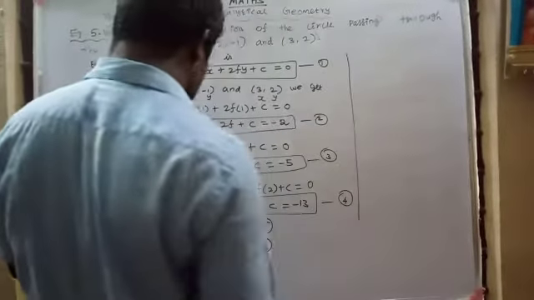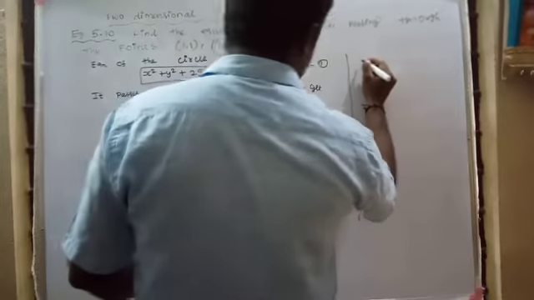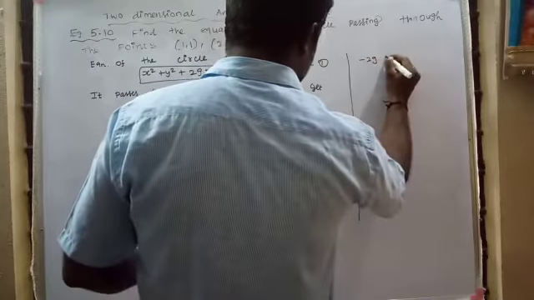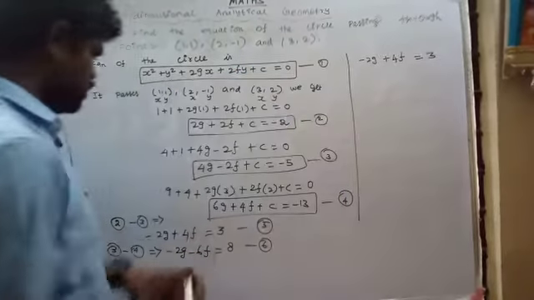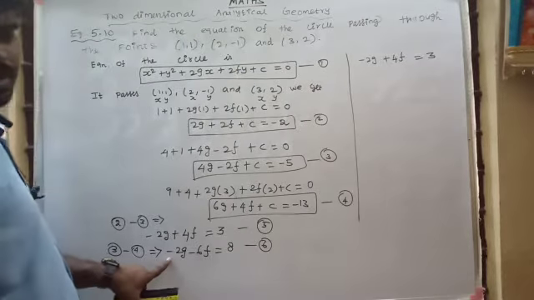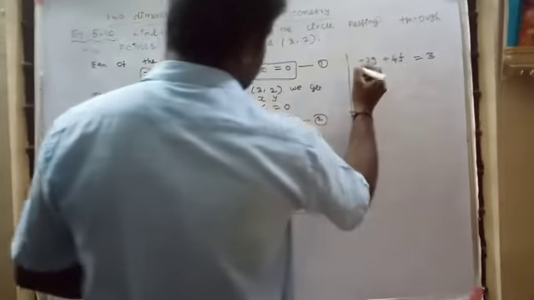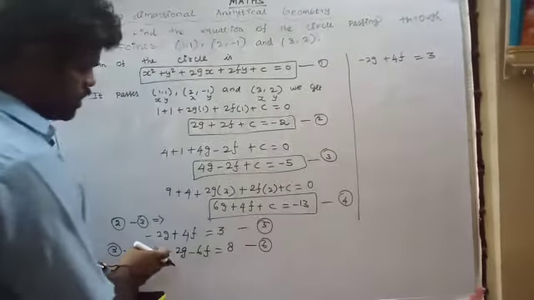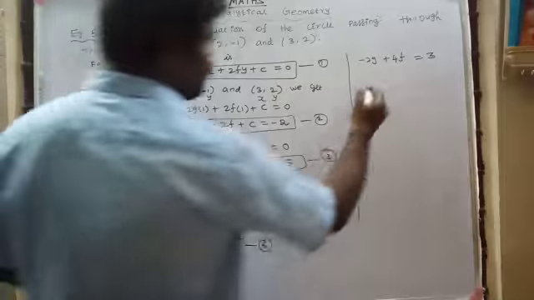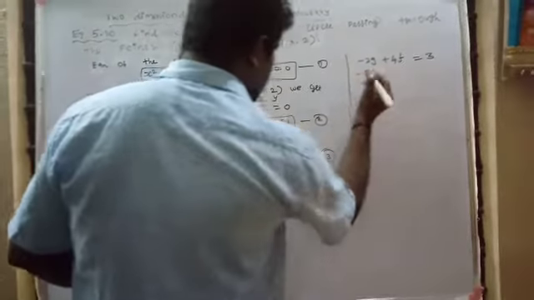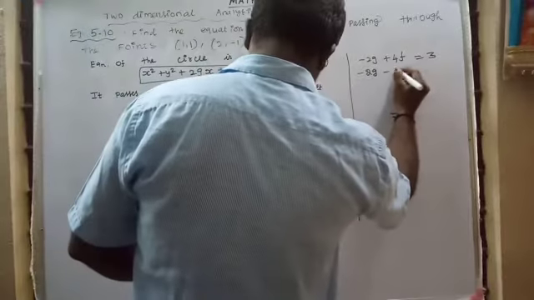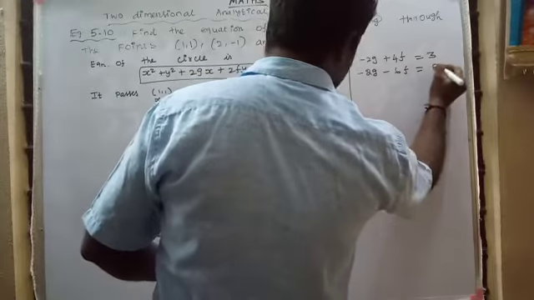Now we want to solve numbers 5 and 6. Here minus 2g plus 4f equal to 3. This is the fifth equation. And we subtract the sixth equation, which is minus 2g minus 6f equal to 8.